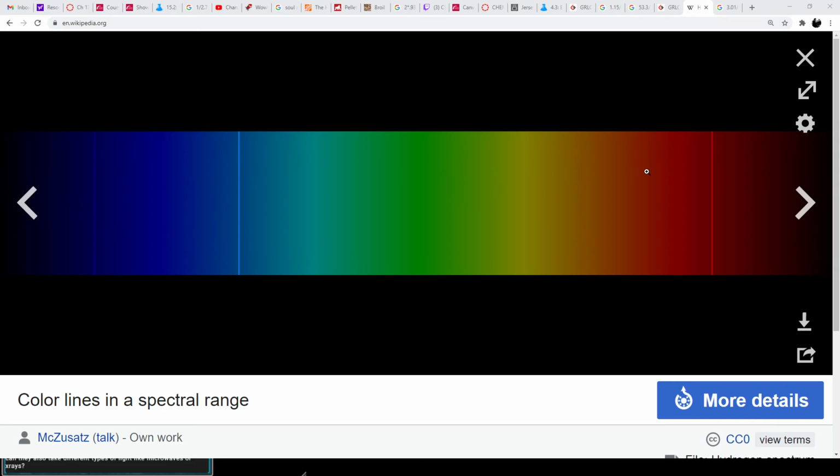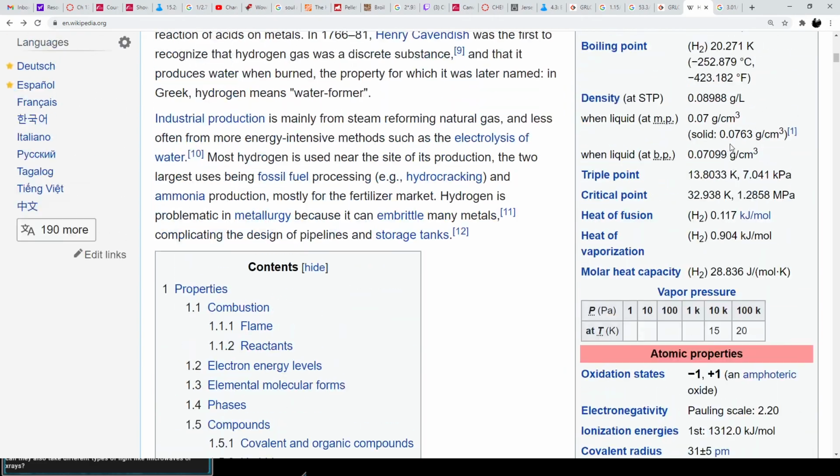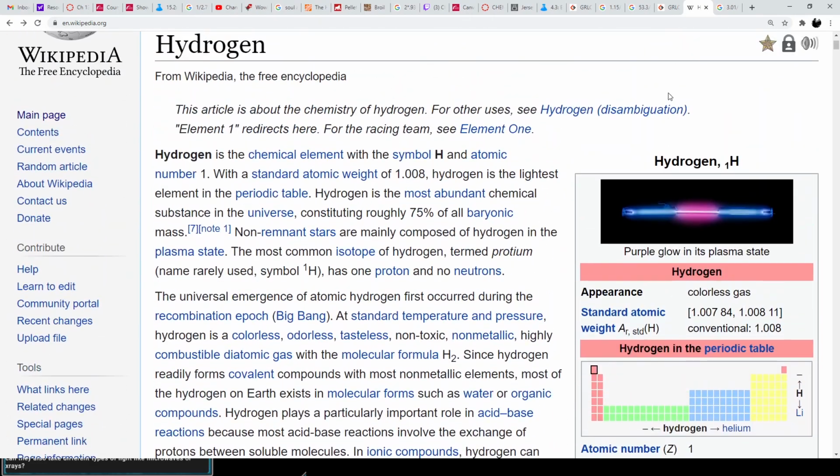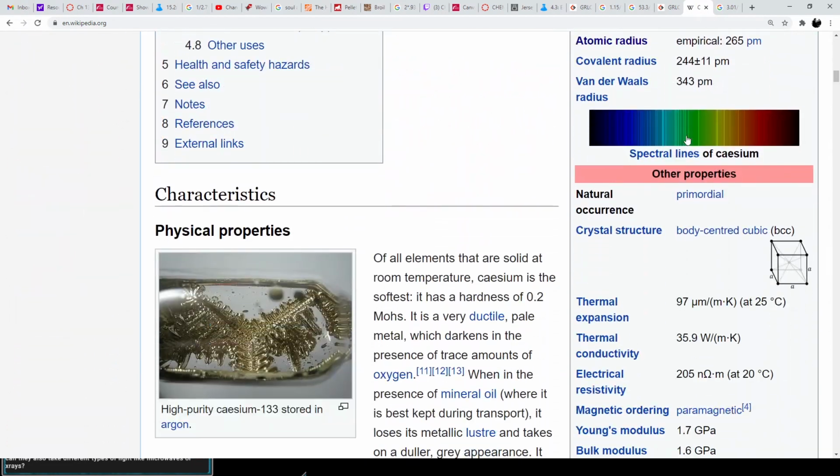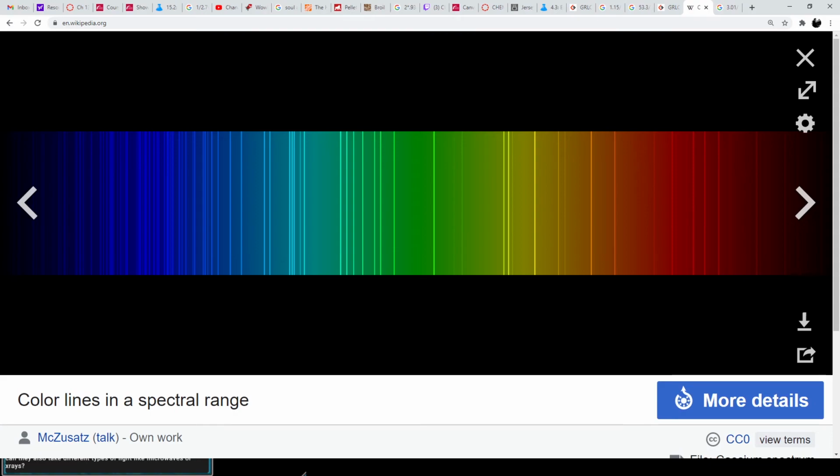If we want to look at a different element, let's look at, I don't know, how about cesium. Cesium, as you can see, being a much more complicated element, has a whole bunch of different very specific lines that it's going to be spitting out.